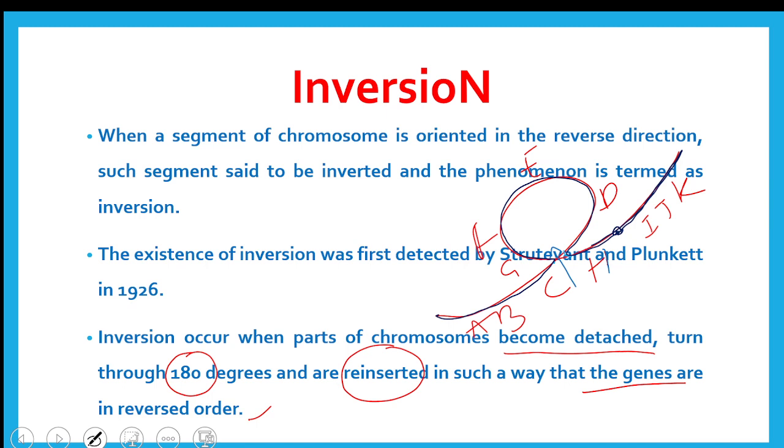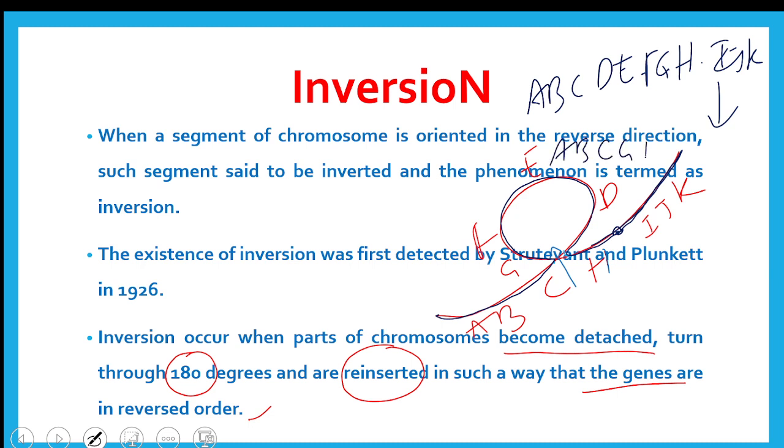Because of 180 degrees rotation followed by breakage and rejoining, a segment which actually should be A, B, C, D, E, F, G, H, centromere, I, J, K, is now formed into A, B, C, G, F, E, D, H, I, J, K, where this portion is in reverse direction.